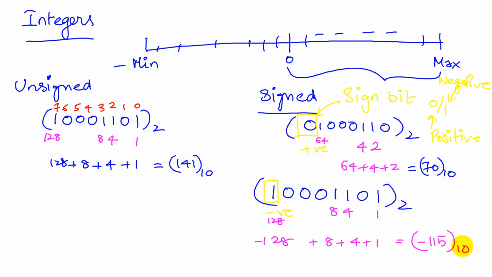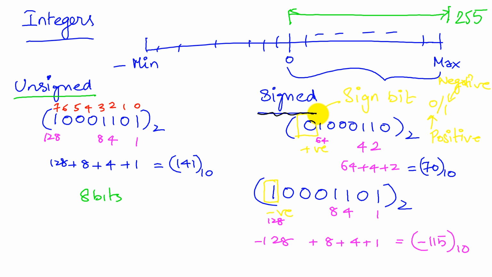So in summary then, let's see if we can understand something about the ranges that these two number representations can capture. So let's look at how unsigned numbers go. If I have 8 bits to represent, then I can go from 0 all the way up to 255.